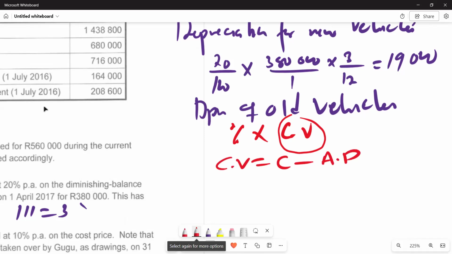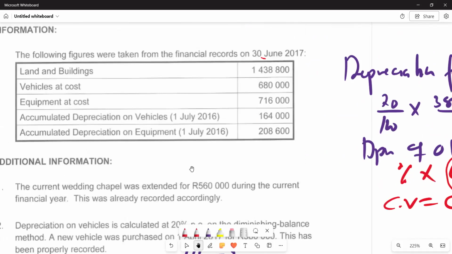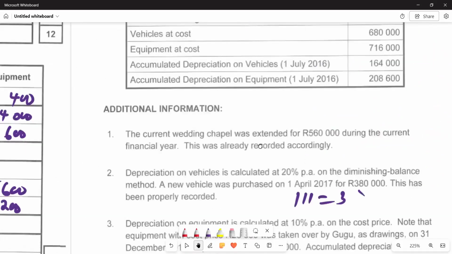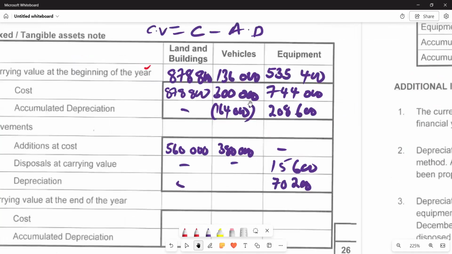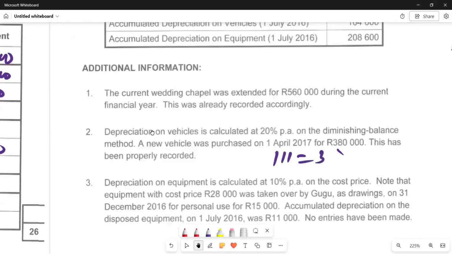Remember, the cost at the beginning of our vehicles, we have it here, which is 300,000. Then subtract accumulated depreciation at the beginning, we got the carrying value of 136,000.